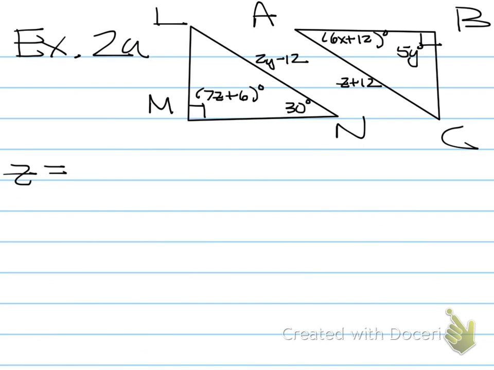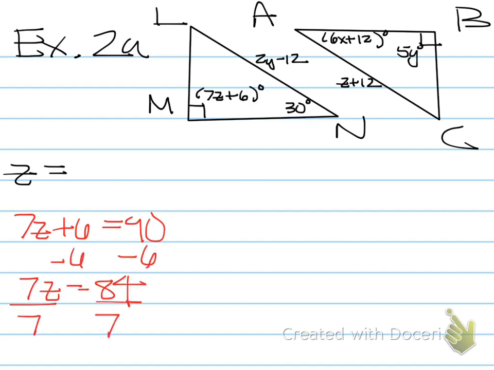Next, we need to find a bunch of the different values. We're told that these two triangles are congruent. So we're given an expression for that right angle M. M is a right angle, so it equals 90. So we're just going to set 7Z plus 6 equal to 90 and solve for Z by subtracting 6 from both sides and then dividing by 7.